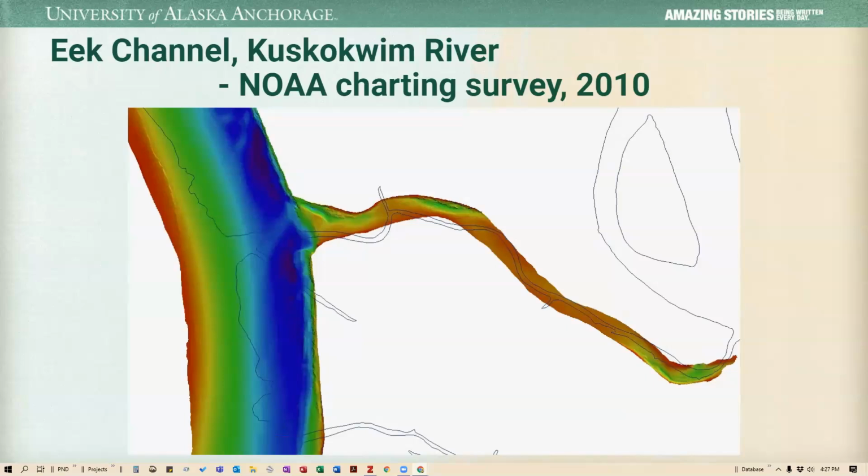As you can see, the background line in this image is a shoreline digitization downloaded from NOAA. And the beautiful rainbow color image is basically a rainbow depth mapping of the data that we collected of the river. So dark blue areas are the deepest parts of the river, red is the shallowest.